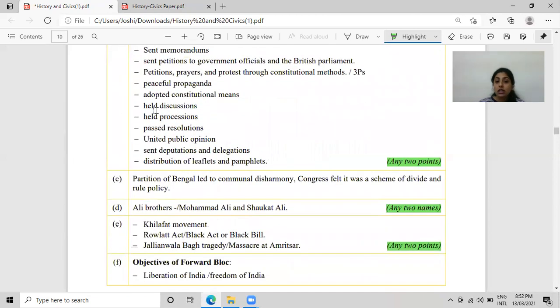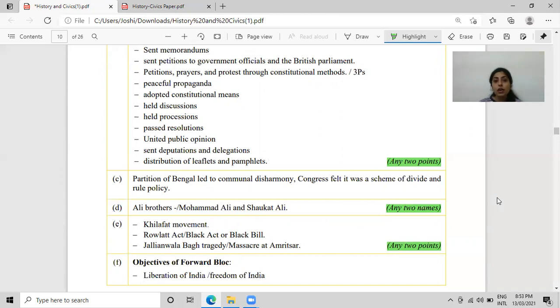Same way, the question third, that is the C part of the question, was why the date October 16, 1905 is of great importance. So here we have to mention the importance of this date. Which event took place on this date? So partition of Bengal led to communal disharmony and Congress felt it was a scheme of divide and rule policy.